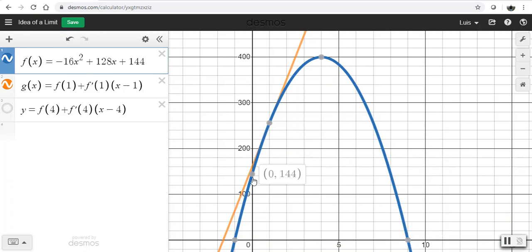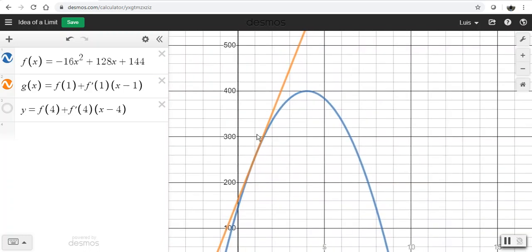Notice this. It was thrown from an initial height of 144 feet, and this is the model of the heights. It reached a highest height of 400 feet after 4 seconds, but then it hit the ground after 9 seconds. But look at this.